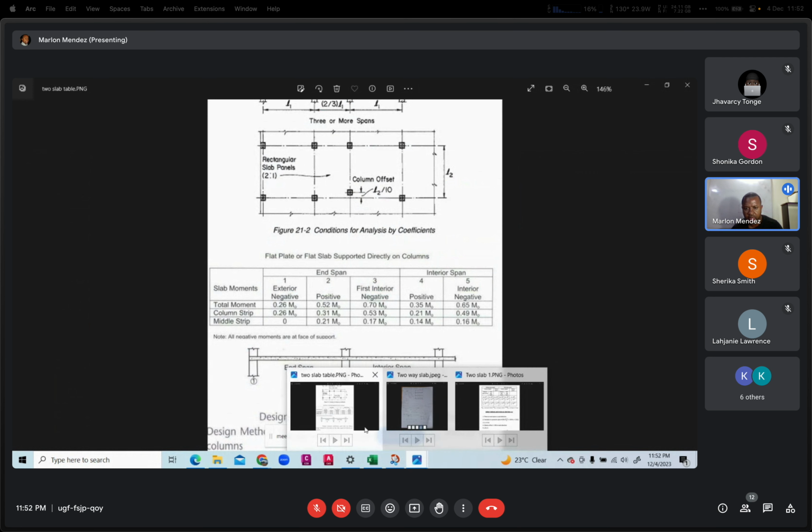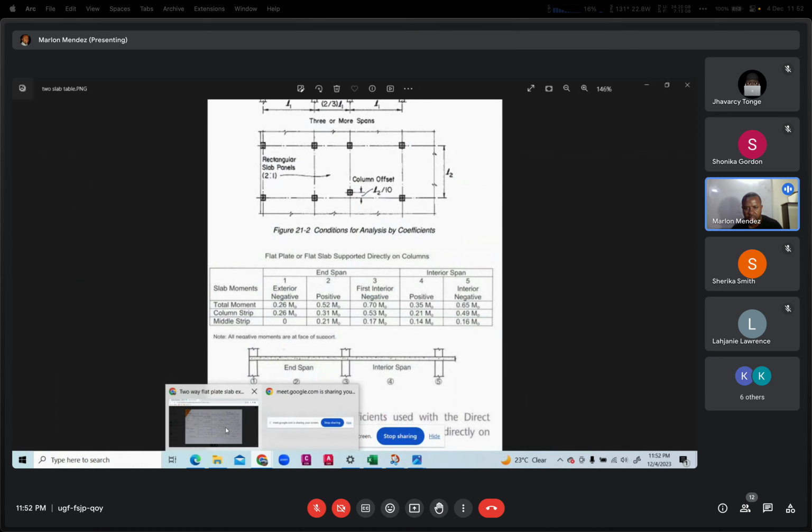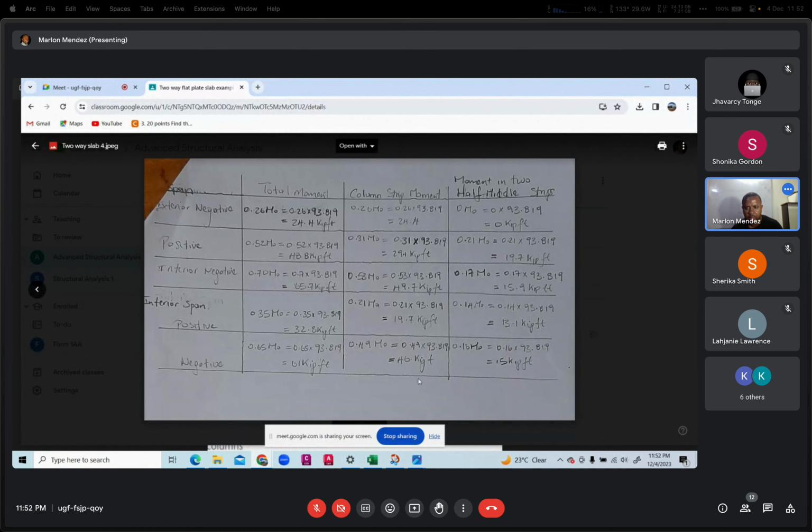After you have completed that, this was us dealing with the edge. In essence, what you're trying to do is to see the worst case scenario.